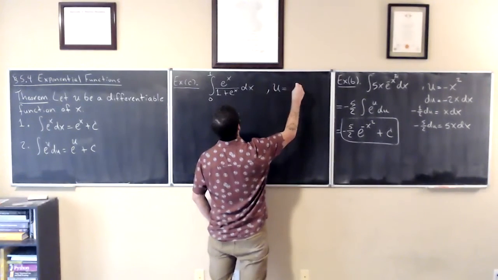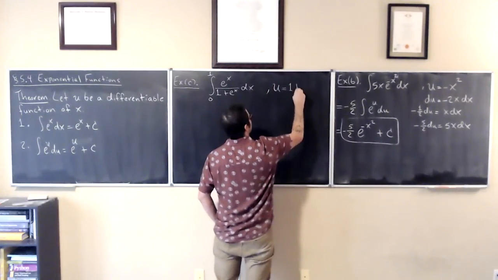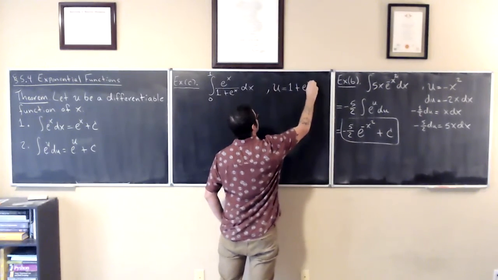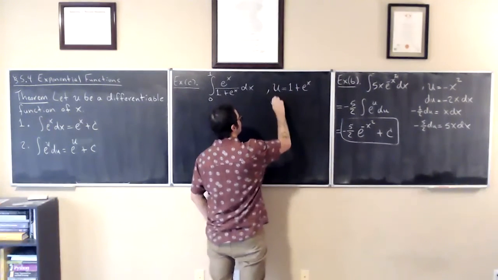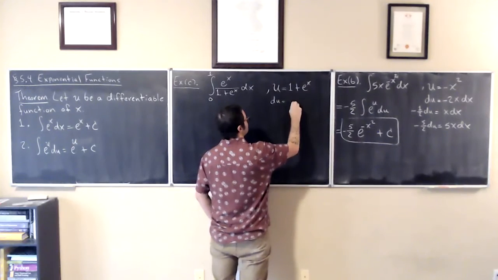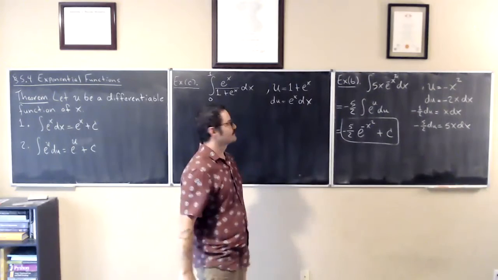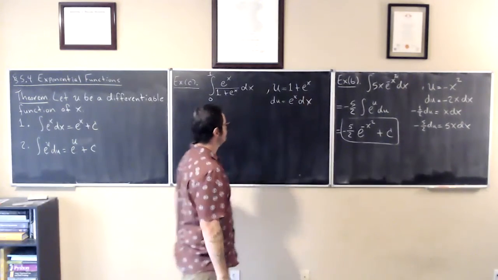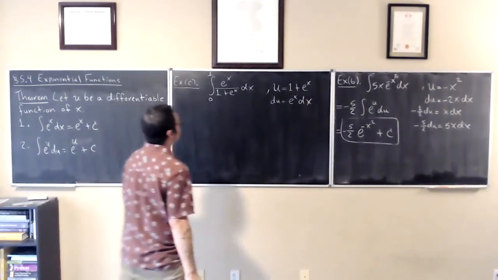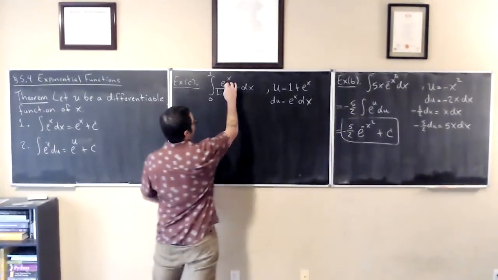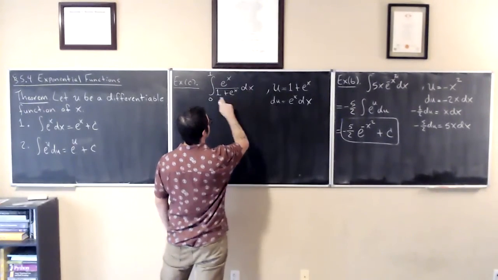We let u equal 1 plus e to the power x, then du is equal to e to the power x dx, right? So then that times that is just du over u.